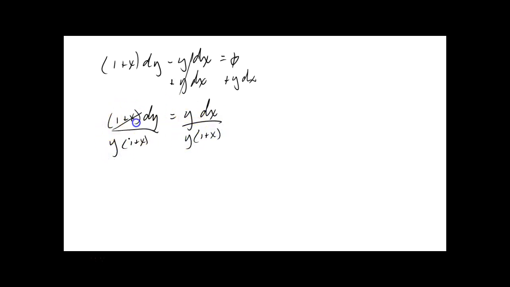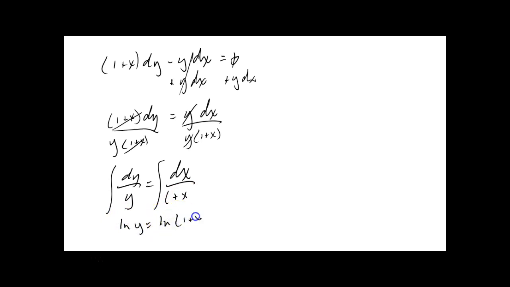The 1 plus x's go out here, the y's go out here, and that leaves us with the differential equation dy over y is equal to dx over 1 plus x. You don't need to put parentheses. Now, integrate both sides. Well, this is simply log y, and this is simply log of 1 plus x.